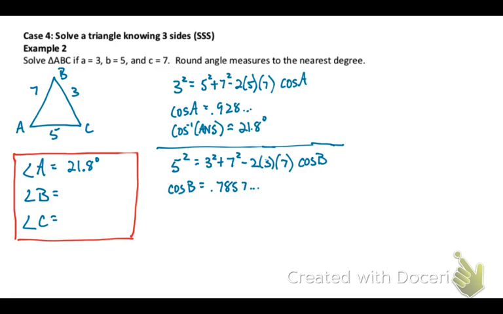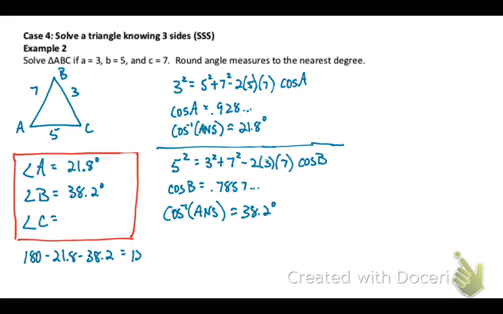So that is my cosine. And then I'm going to use the inverse cosine function on the calculator, pull back my answer, and there's angle B. All right, now for angle C, we can simply subtract from 180 degrees. And you can always just do a check and make sure that your angles add up to 180, which ours do.